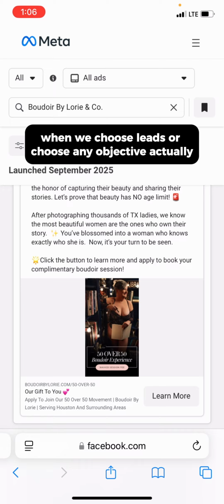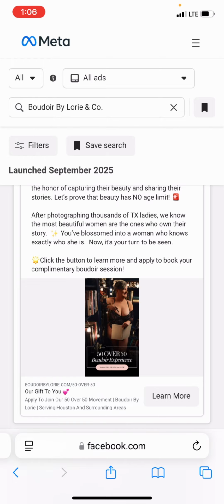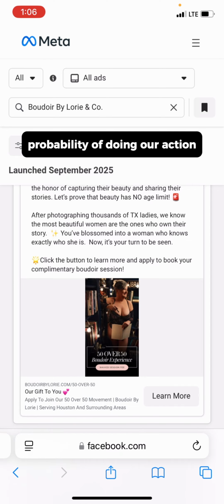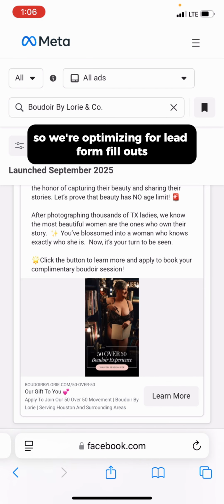When we choose leads, or actually any objective, Meta slices our audience into about a 6% slice and finds the people with a 90th or 95th percentile plus probability of doing our action, filling out a lead form. The problem is we're optimizing for lead form fillouts.